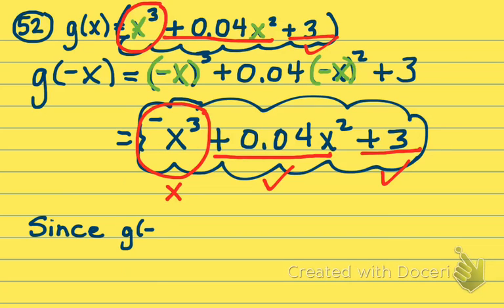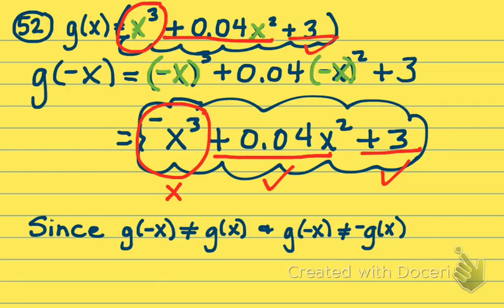Since g of negative x does not equal g of x, and g of negative x does not equal negative g of x, the function is neither, and you can stop at neither, but if you're one of those people that it bothers to say something that doesn't feel like it ended, you could say is neither even nor odd.